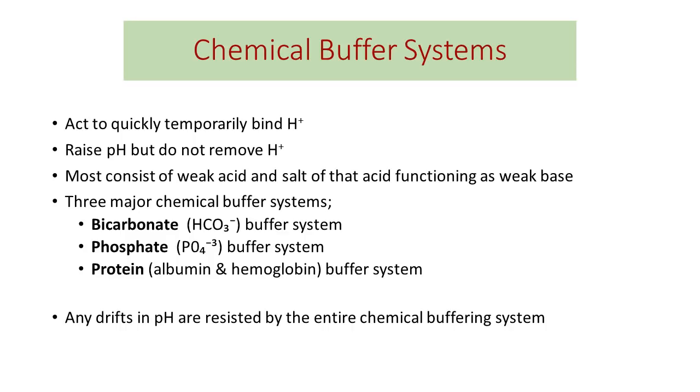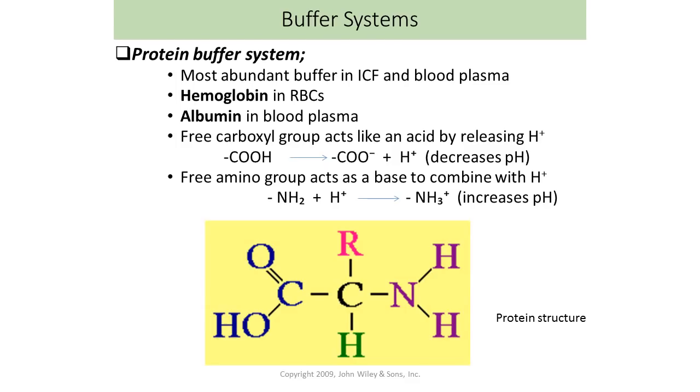So three major chemical buffer systems that we have in blood are the bicarbonate buffer system, the phosphate buffer system, and the protein buffer system, and we'll look at each of these individually. So the most abundant chemical buffer system is the protein buffer system that we see in the intracellular compartment fluids and in the blood plasma.